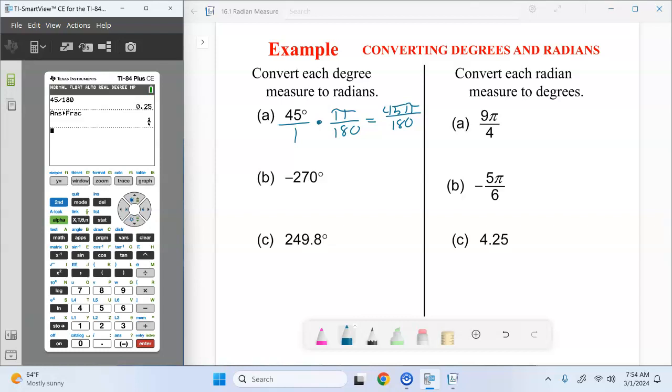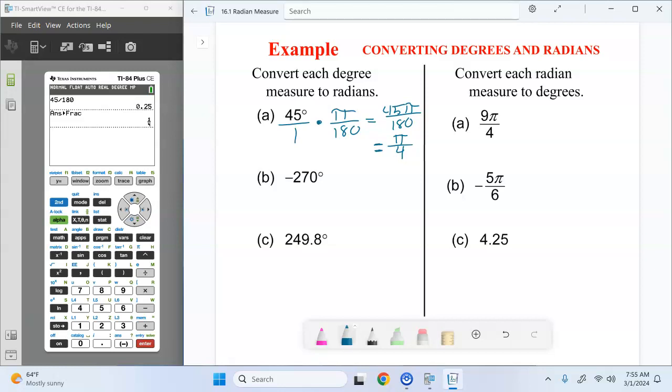Reduce 45 over 180 into 1 pi over 4, or just pi over 4. Reduce your fraction, leave it in terms of pi. When it says leave it in terms of pi, that means we're going to leave pi as that Greek letter. We're not going to get an estimate value. We're not going to round it.